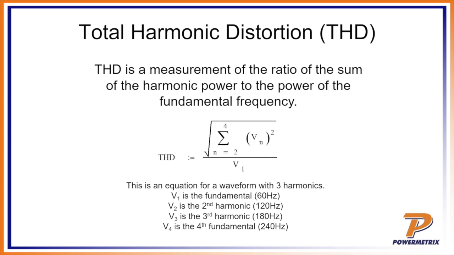So basically you can think of that as a fraction where on top I've got the harmonic content, the harmonic portion of the voltage or current, and then the bottom is the fundamental, the 60 hertz component. And so what we're going to see there is that the bigger the percentage of THD, the more harmonic content, either in the voltage or the current signal. And the bigger the number, really, the worse things get. We really want to try and keep that number as low as possible.